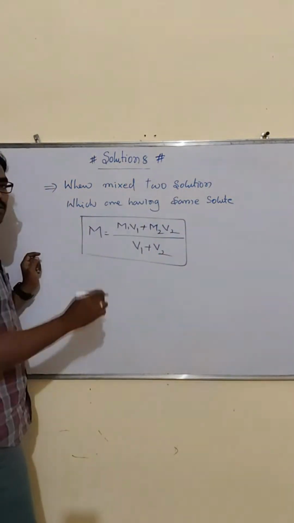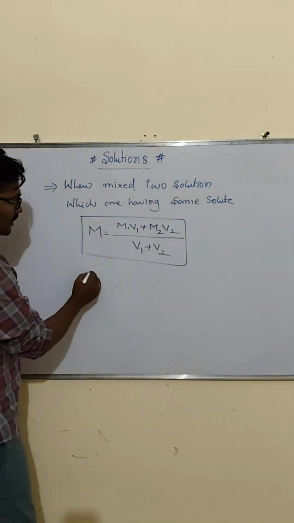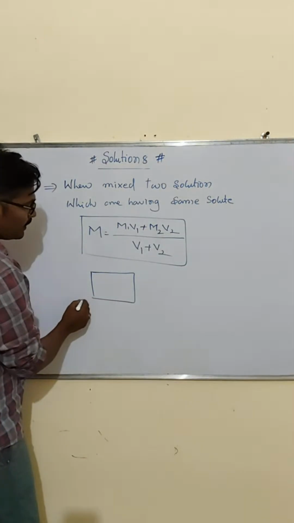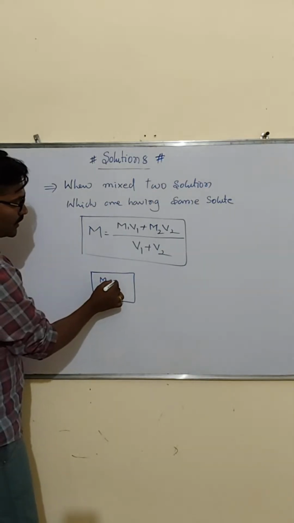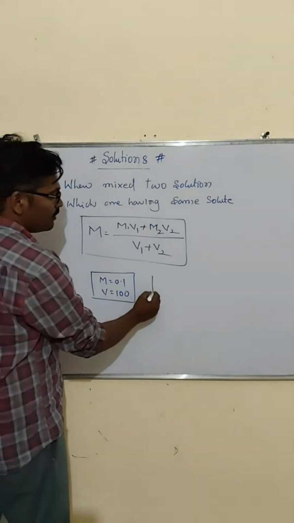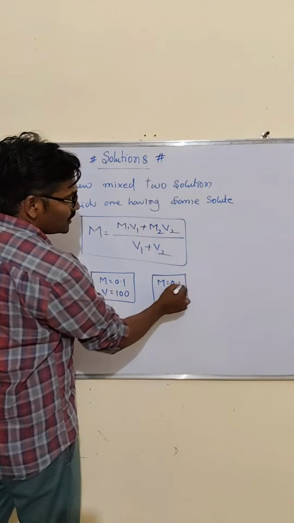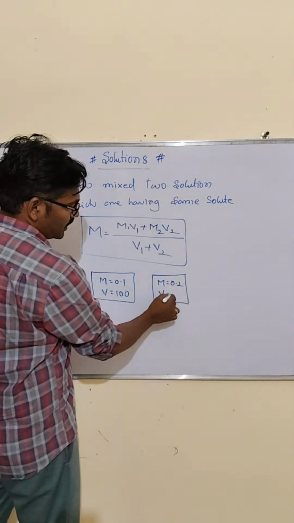This formula you can use in case of two different solutions. Look, for example, here the molarity is mentioned as 0.1 and the volume is 100 ml. Then one more solution has molarity 0.2 and volume 200 ml.